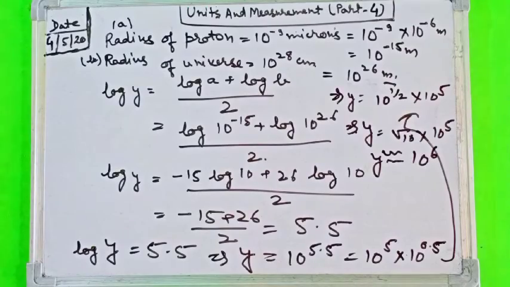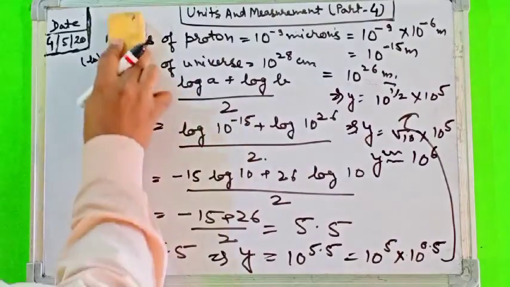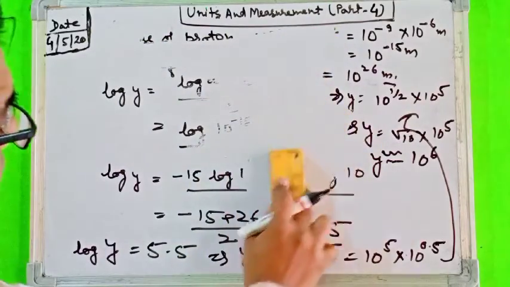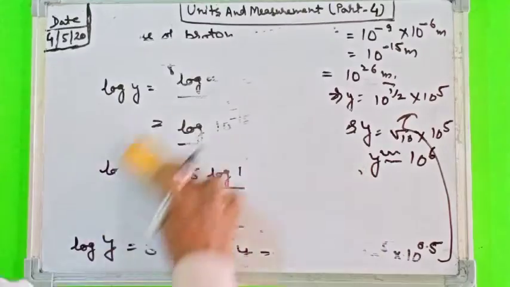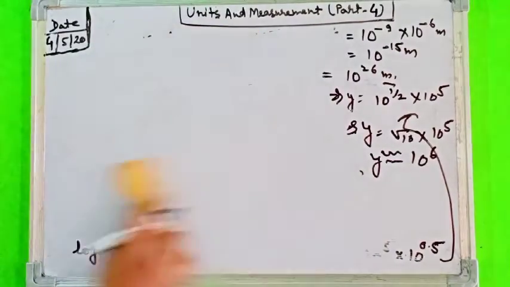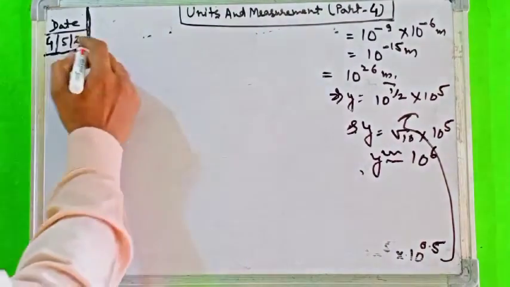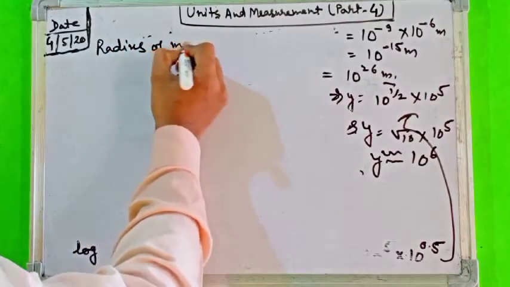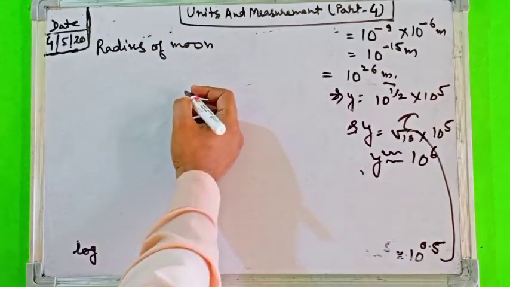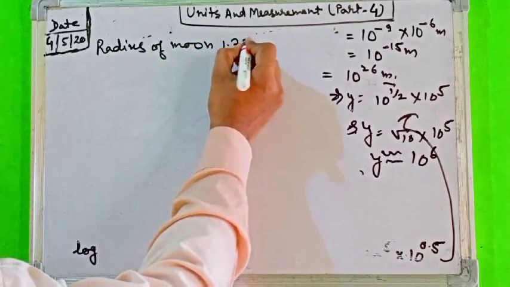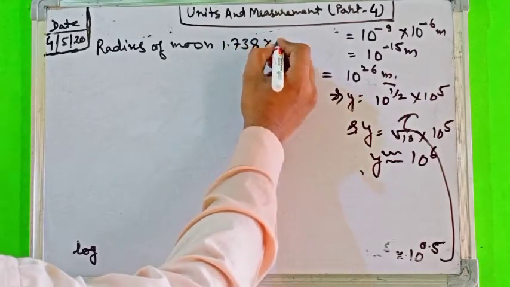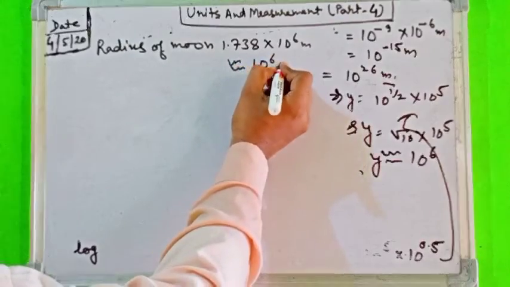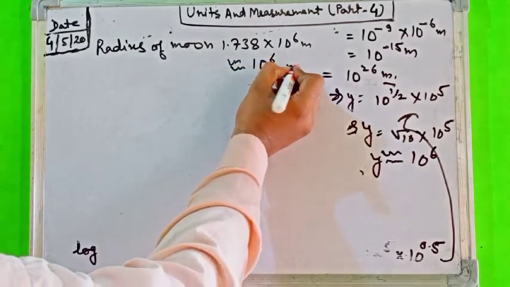And the radius of the moon is 1.738 into 10 to the power 6 meter, which is approximately equal to 10 to the power 6 meter.